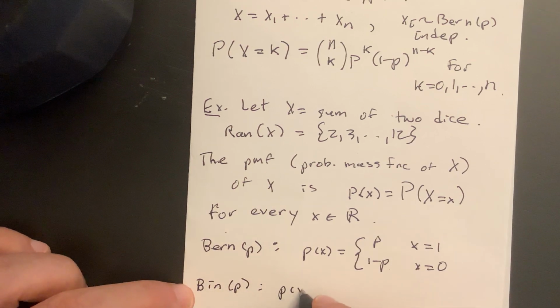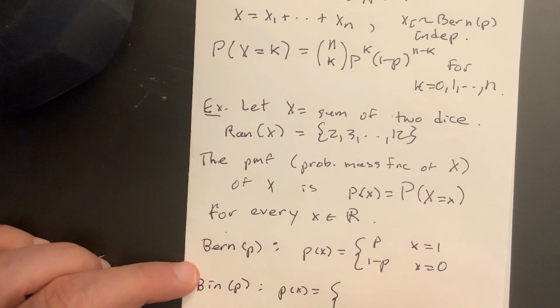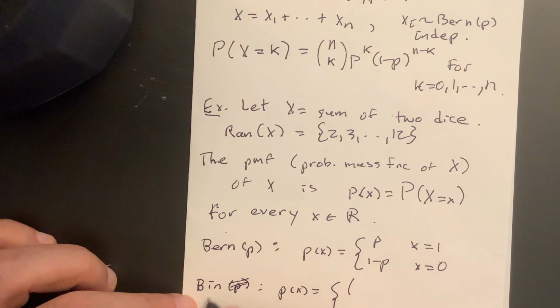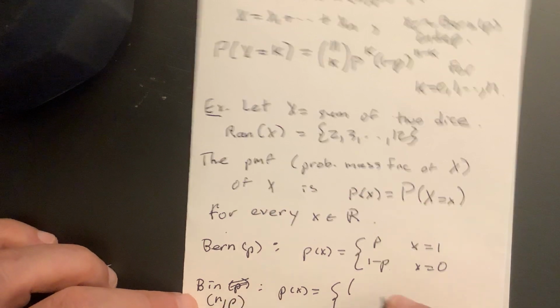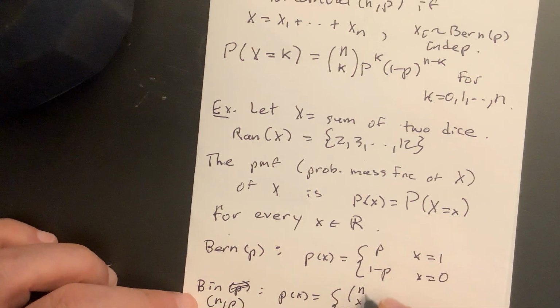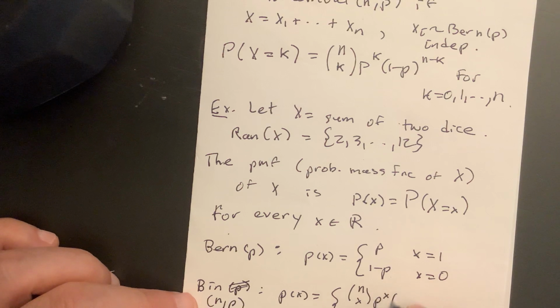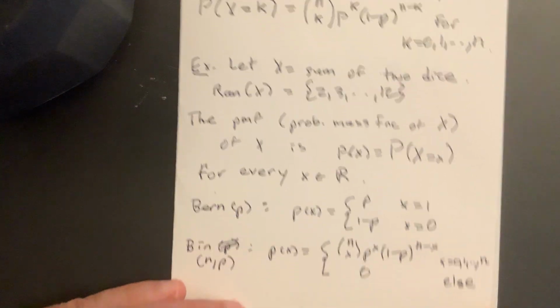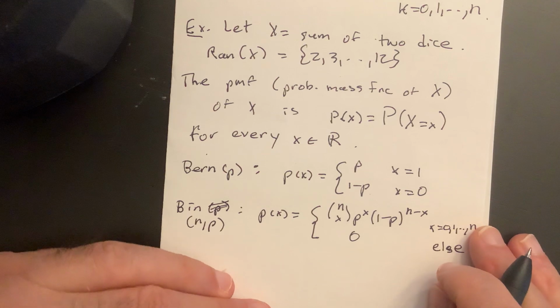We have P of x is equal to, sorry, I need two things here, right? I need binomial n, p. I get n choose x, p to the x, 1 minus p to the n minus x, and 0. And this is if x is equal to 0, 1, dot, dot, dot, to n, and this is else. I'm running out of time.